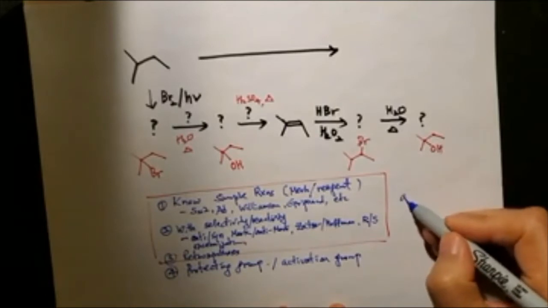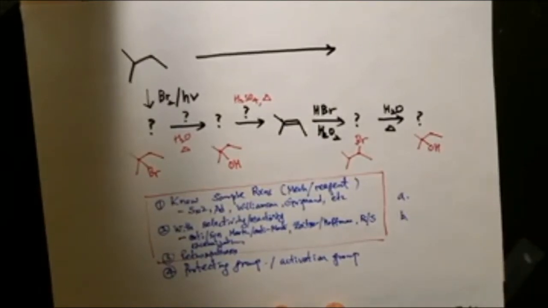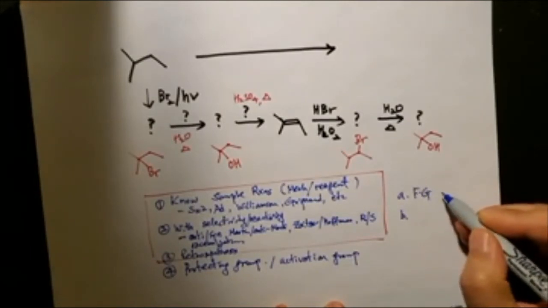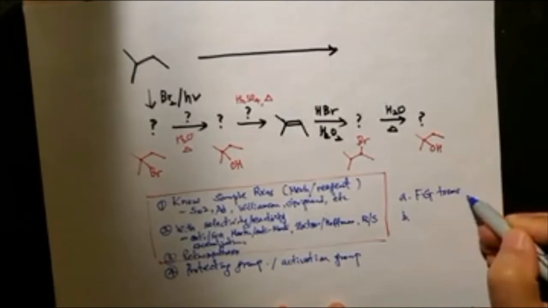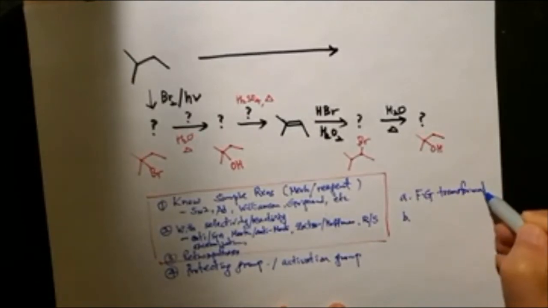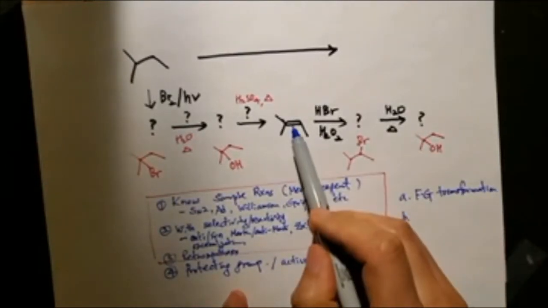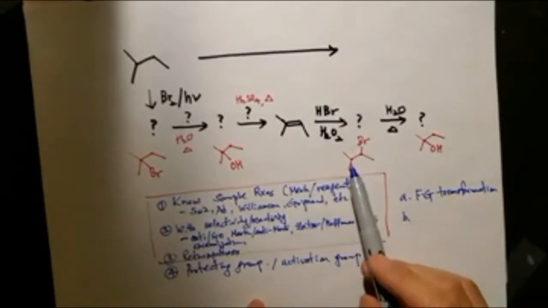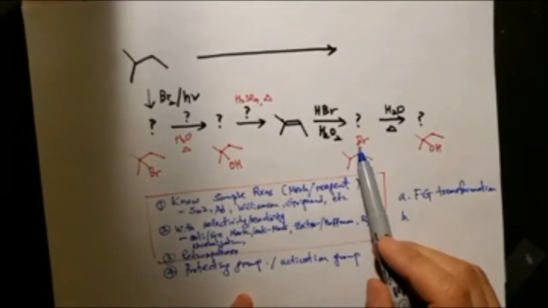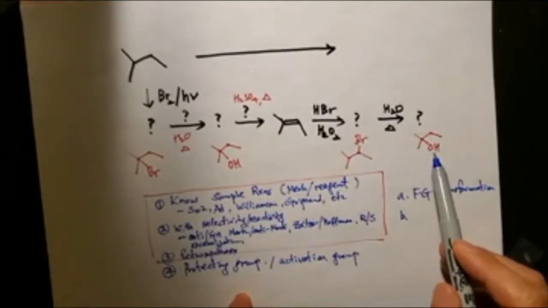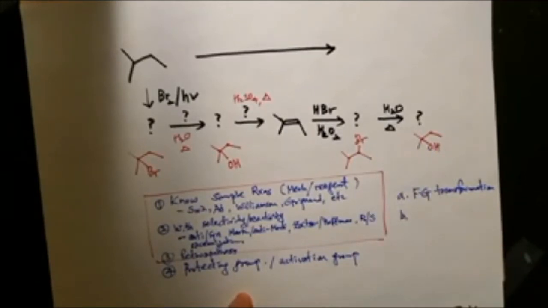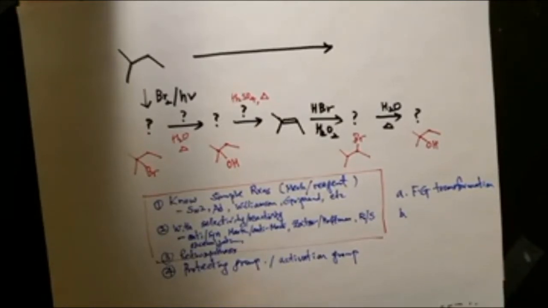The first is that you have to notice what functional group transformation you have, such as an alkene giving you a bromide in an anti-Markovnikov fashion, or a bromo compound giving you an alcohol, and after rearrangement, that kind of thing. You need to notice the functional group transformation.